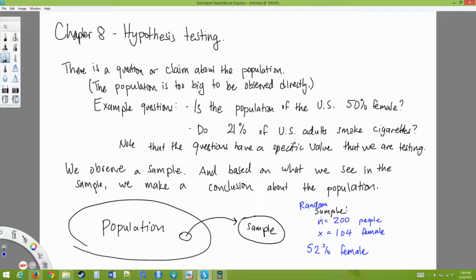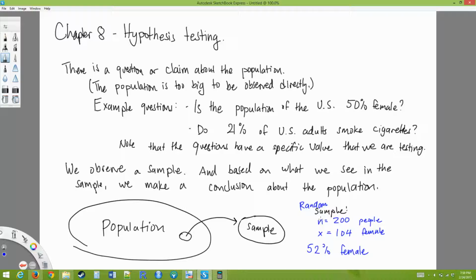Precisely 50% is what I mean. Okay, so if we counted every single person in the United States, and we counted every single female in the United States, it will probably not be exactly 50%.